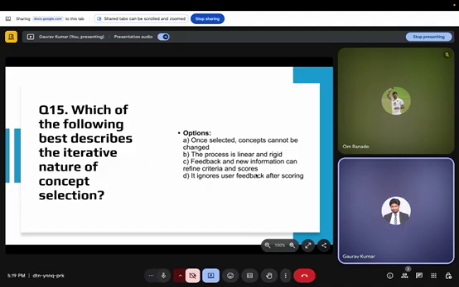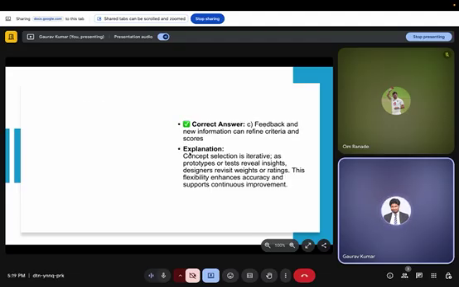So week 12 highlights iteration as a feedback-driven control mechanism within the design cycle. Through iterative scoring, the process remains resilient, adaptive, and continuously improving, a hallmark of professional engineering design. Okay, so option C is the right answer.